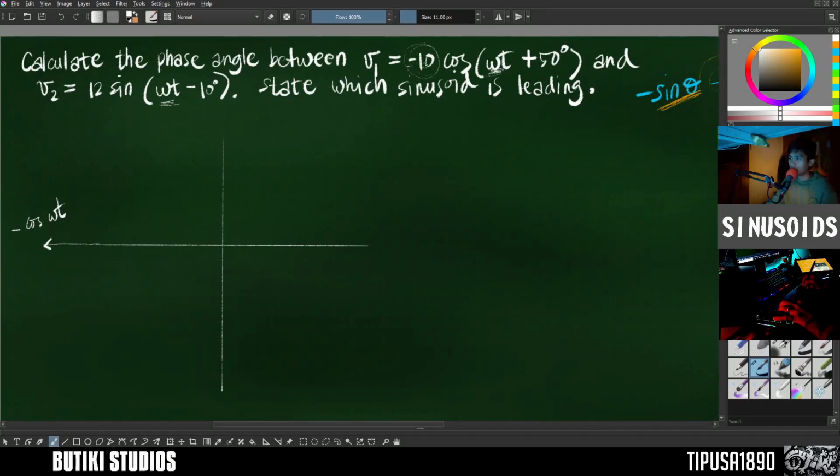This negative cosine is the quadrant, negative cosine, but the 10 now is the magnitude of our vector. We will show that, but first to graph it, look at the negative cosine. The next thing is its phase angle, which is plus 50.